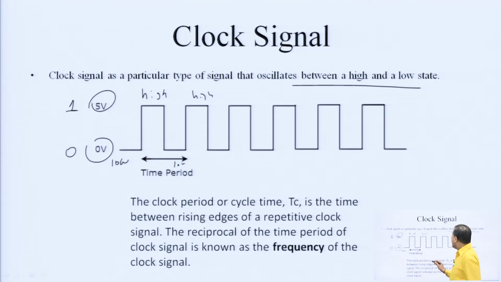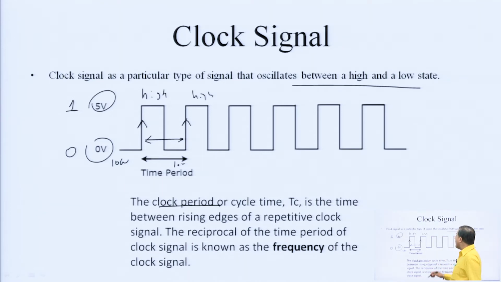What is the clock period? Here is one very important term. The clock period or cycle time Tc is the time between the rising edges of a repetitive clock signal. This is the rising edge and this is the second rising edge. This difference between two successive rising edges is called the clock period.